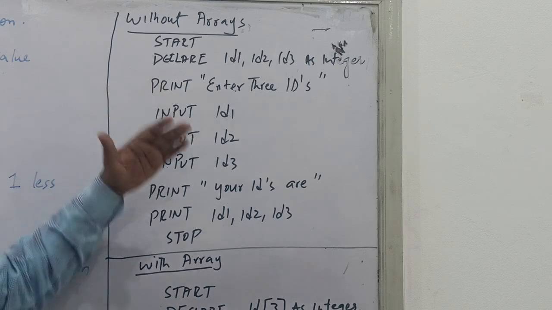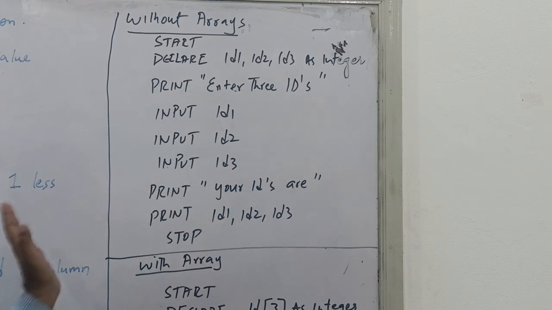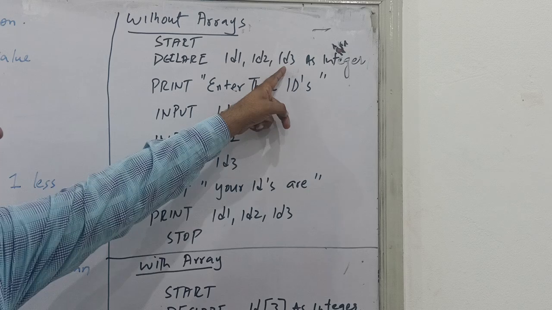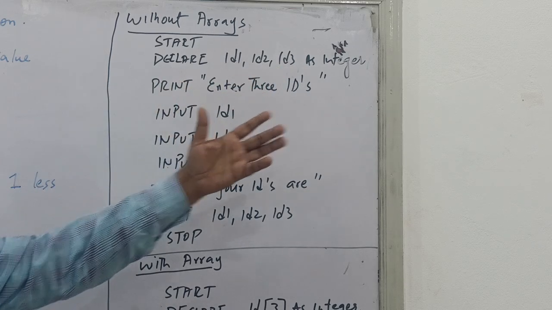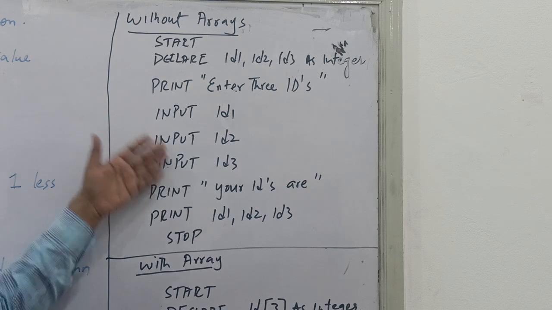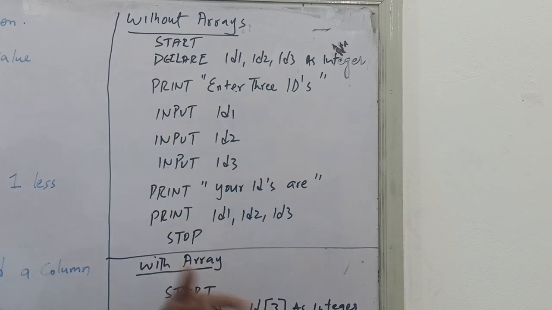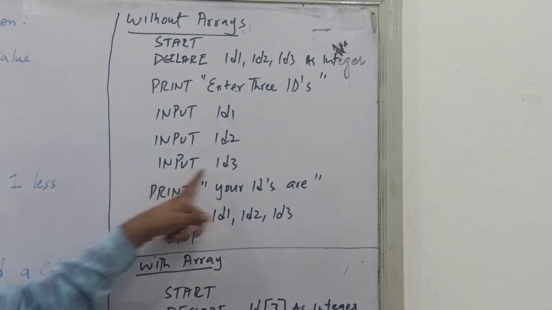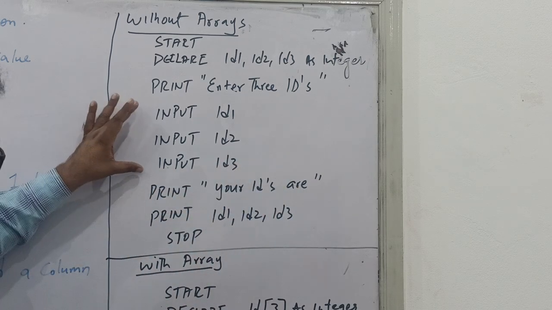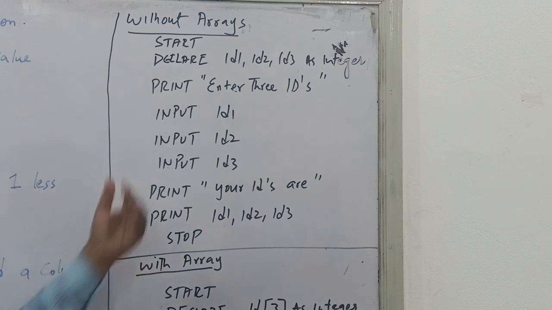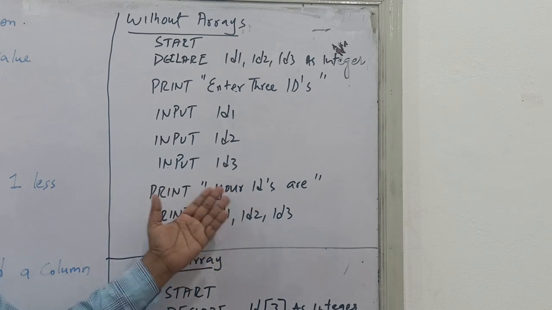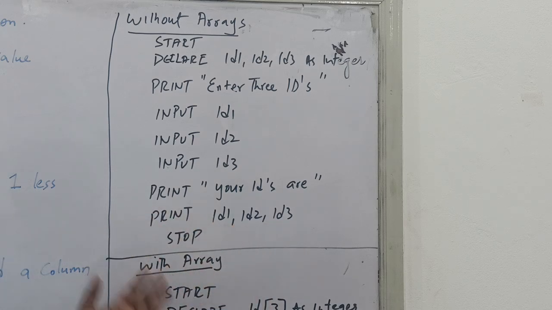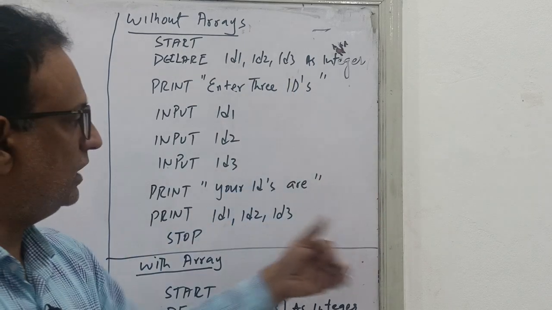This code will go into 500 plus lines, because you have to declare ID1, 2, 3, and so on up to ID250. Then there will be 250 inputs: input ID1, input ID2, input ID3, until input ID250. And when you print them, in the print line there will be 250 repetitions like ID1, ID2, ID3, up to the last one, ID250.